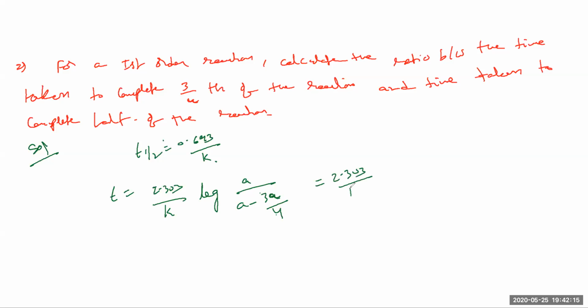2.303 by K into log of, what is the LCM? 4A minus 3A means A by 4. Again it becomes 4A by A, so it comes to log 4 now. Is it right?